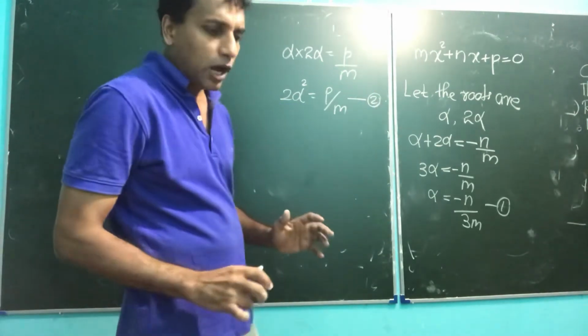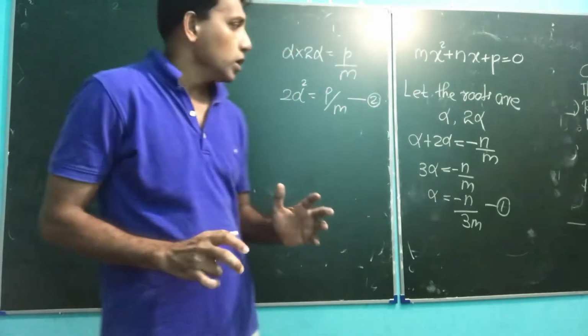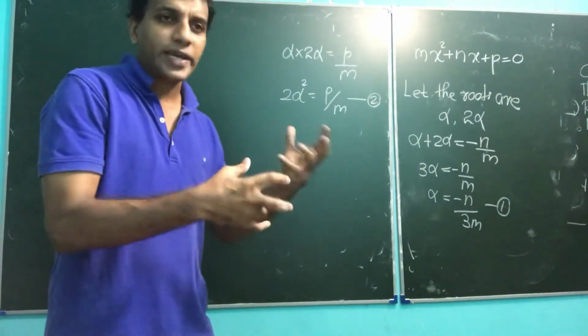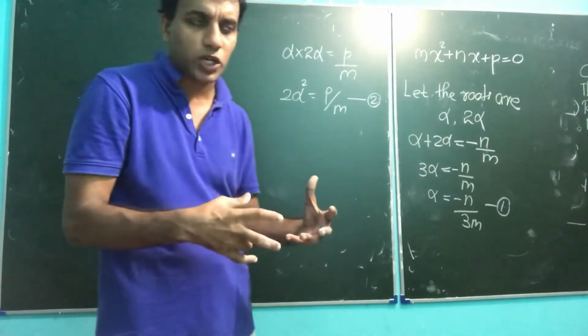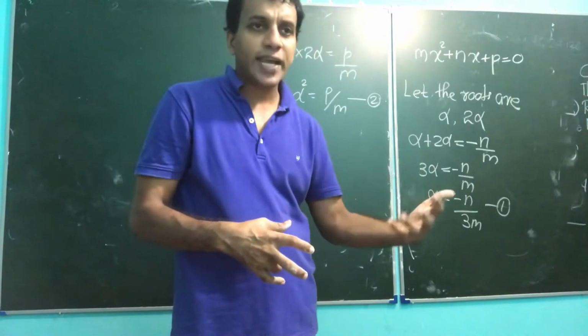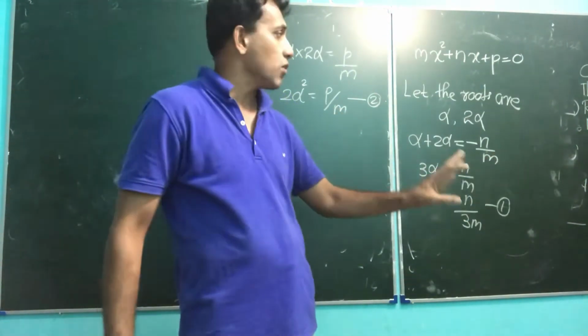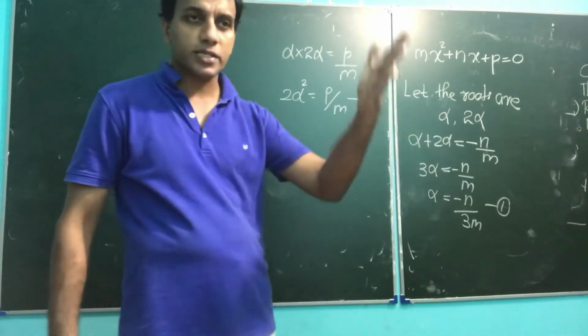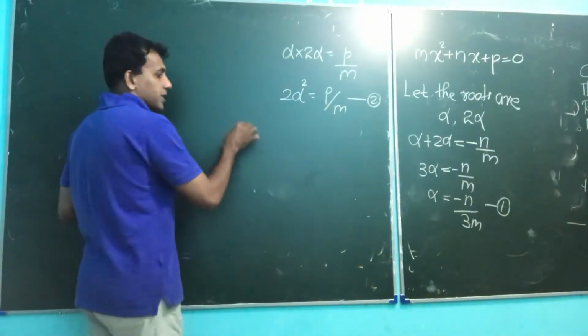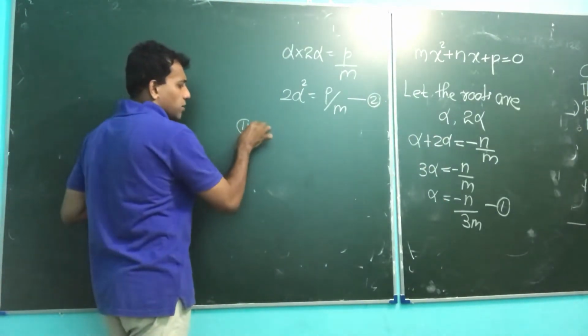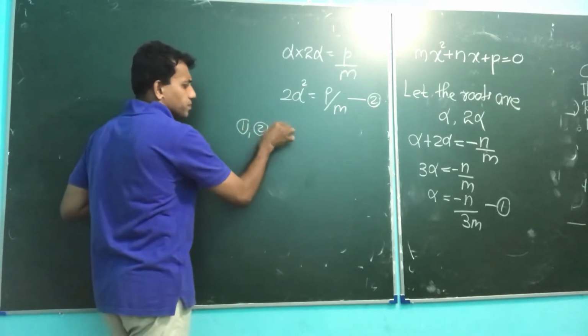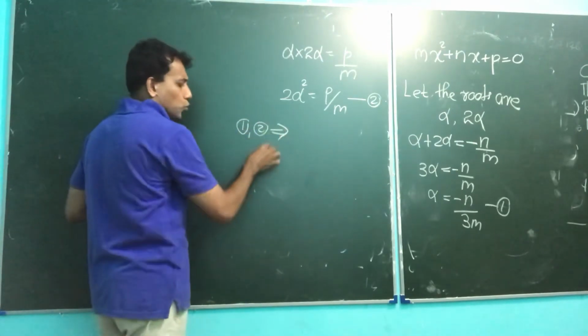Now the idea of this type of question: you have to eliminate alpha by connecting both of these equations. Try to eliminate or remove alpha, then the answer comes in terms of m and p. That's the solution. Connect 1 and 2.